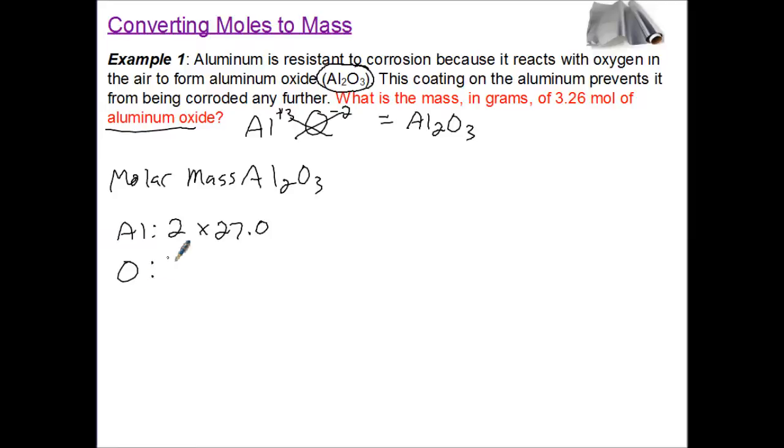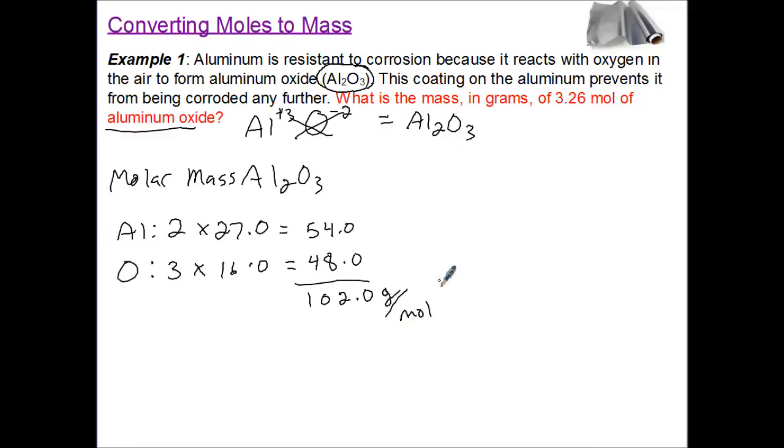For each oxygen, since there are 3 of them, each one has a mass of 16.0 grams per mole. So 2 times 27 is 54.0, and 3 times 16 is 48.0 grams per mole. I add these up, I get 102.0 grams per mole. So that is my molar mass for aluminum oxide, 102 grams per mole.